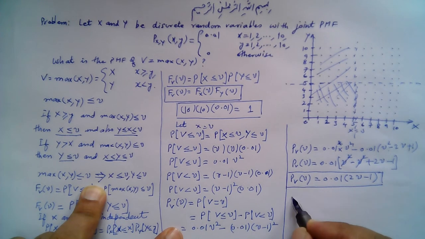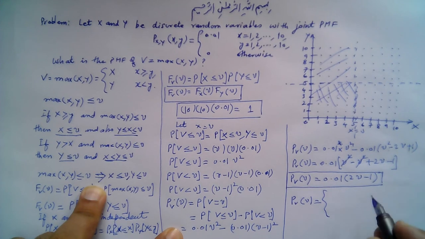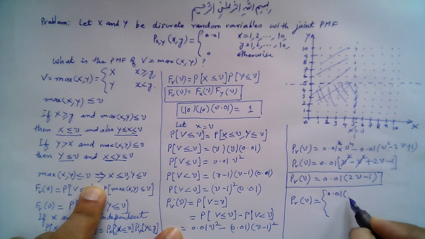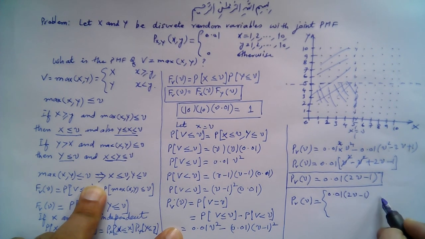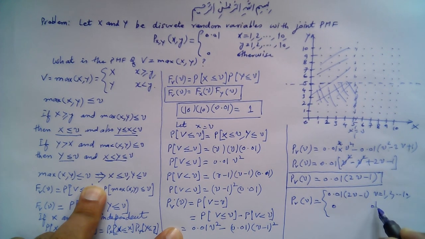So the complete PMF can be written like this: 0.01 into (2v minus 1) for v equal to 1, 2 to 10, and 0 otherwise. So this completes the solution to this problem.